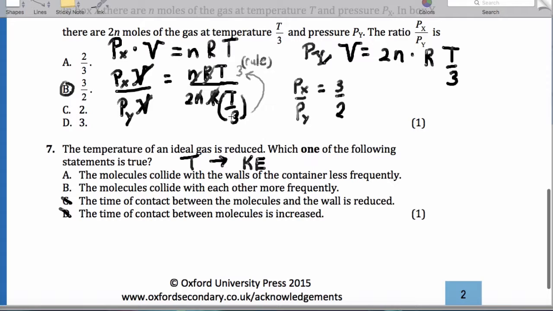That means that they're moving slower, so they're going to collide with the edges of the container less frequently. That's the whole point of connecting temperature with kinetic energy and applying it to other problems. So that is page 2, and we'll move on to page 3 in the next video.